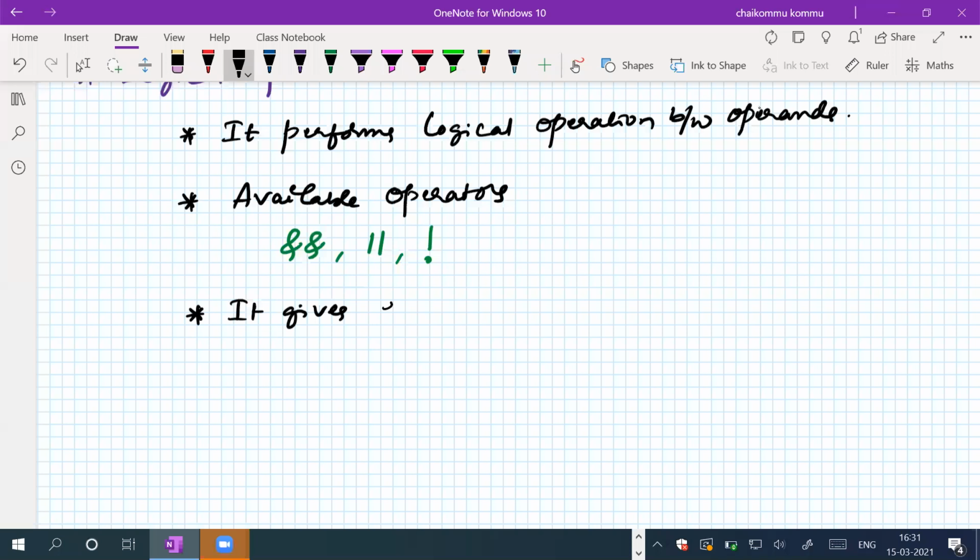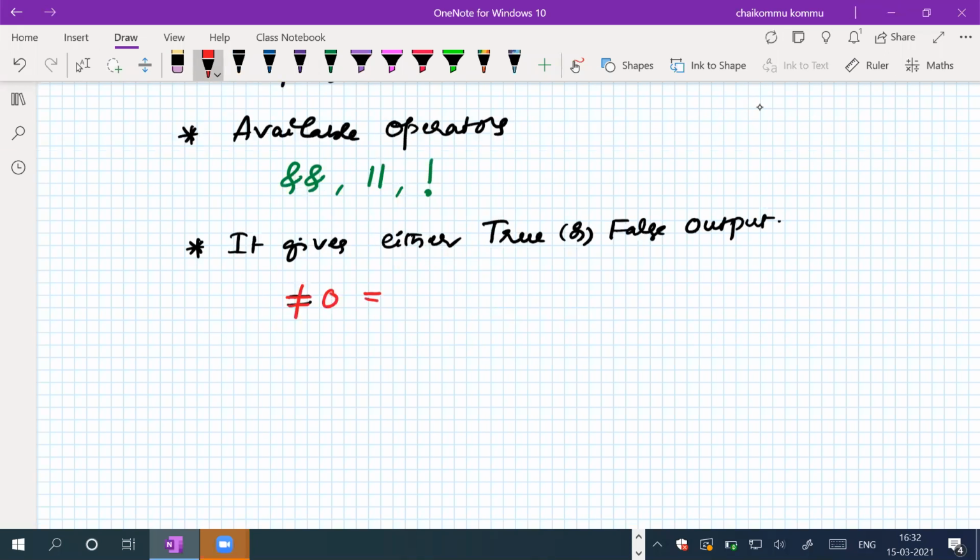If anything is not equal to 0, please remember very carefully, it is treated as a true value. Anything which is equal to 0 is treated as a false value. This is the logic behind this one.